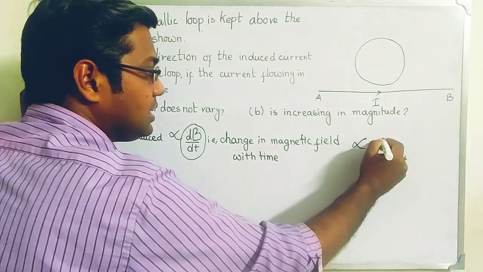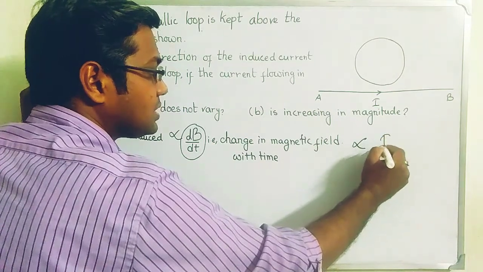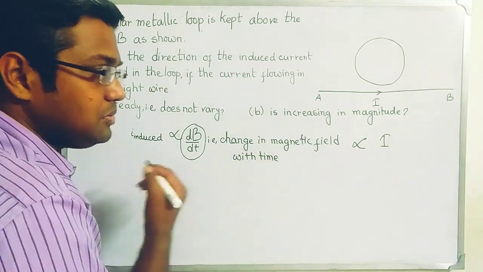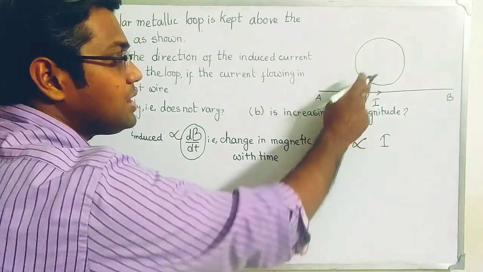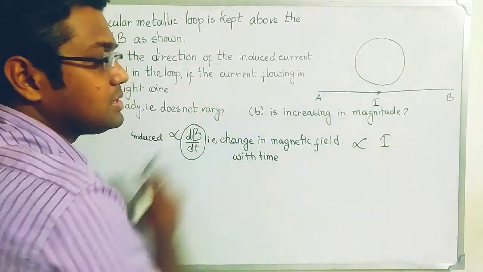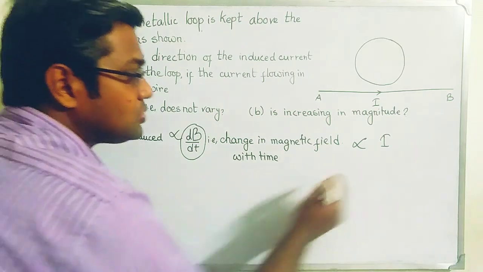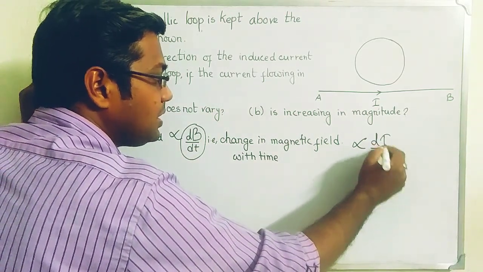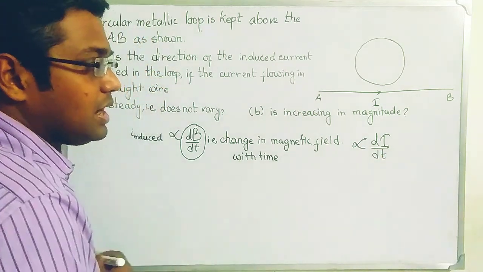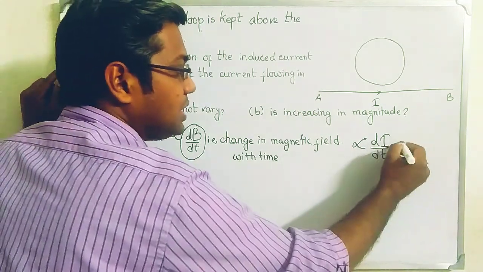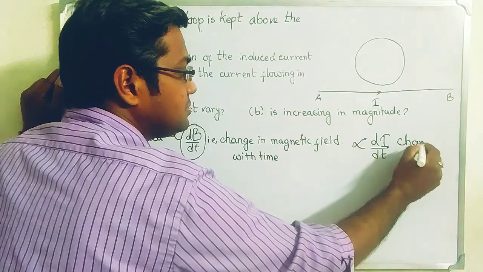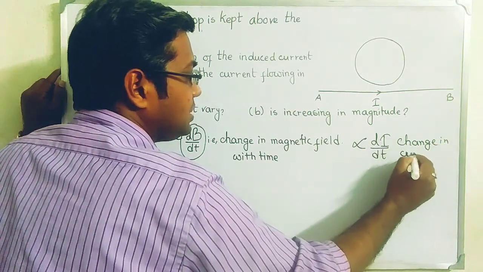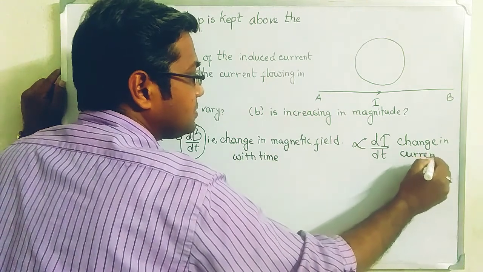Due to the current flow, we get the magnetic field in the surrounding space of the wire. So the changing magnetic field depends on dI/dt, the change in current with time.